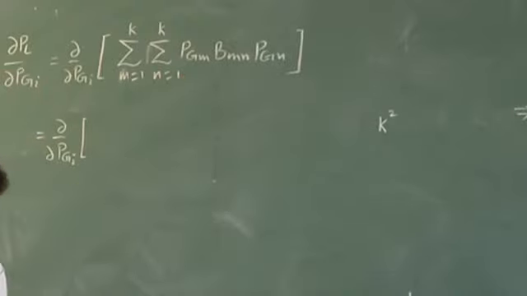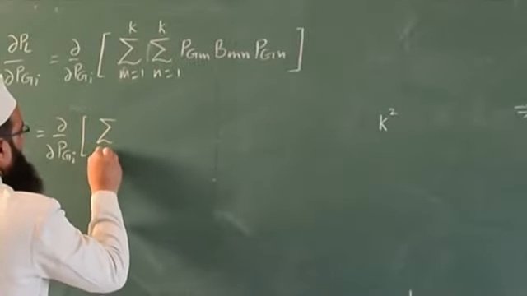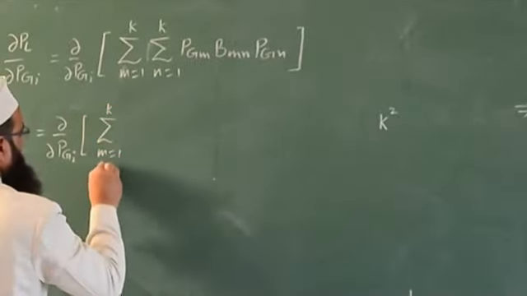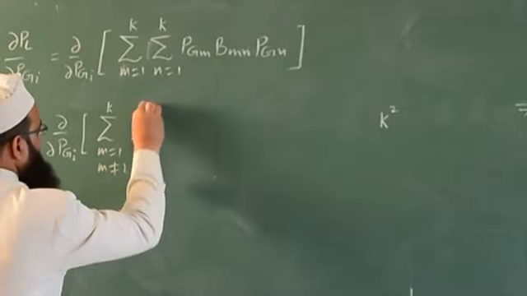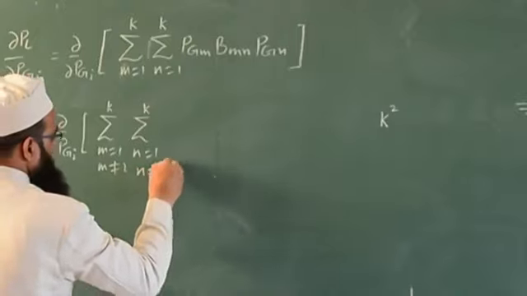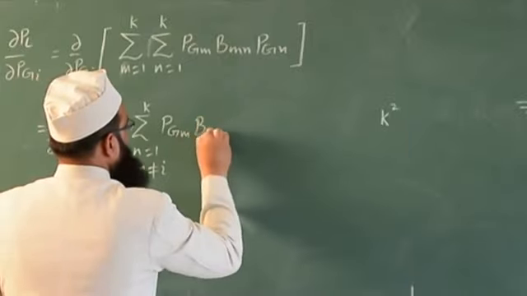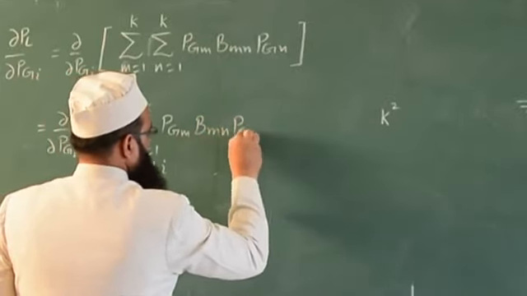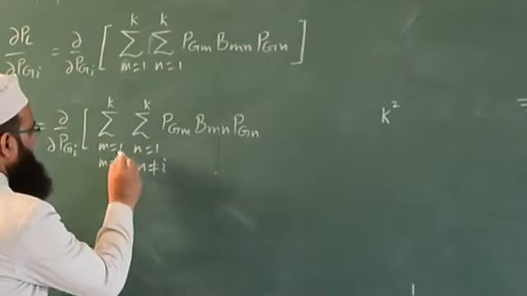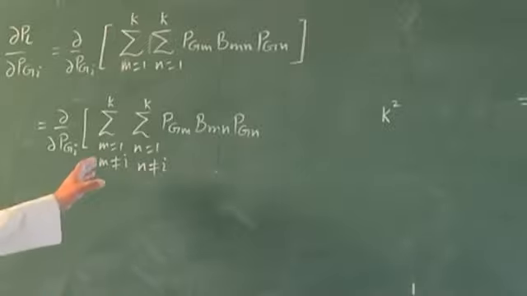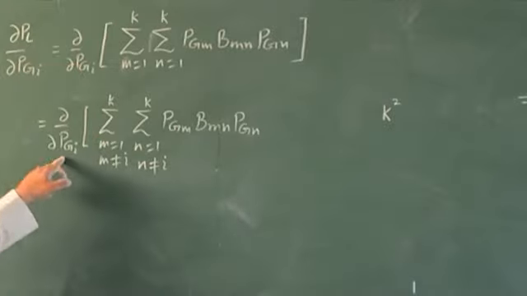So remove that, so that the terms independent of PGI can be written together: summation m is equal to 1 to k, m is not equal to I, and n is equal to 1 to k, n is not equal to I, PGM BMN PGN. So we have removed the ith term from both the summation signs. So this whole will be independent of PGI.